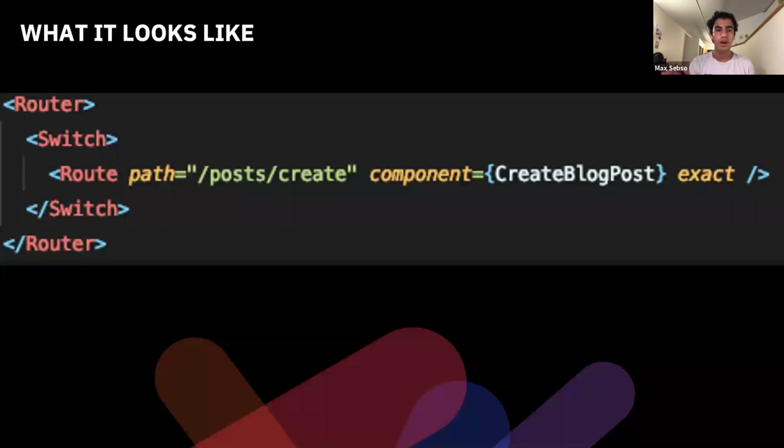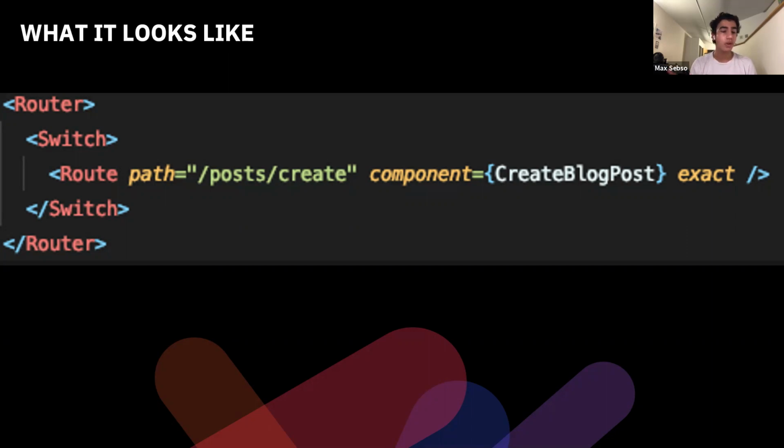However, since this example is trying to show how to create a route for the create blog post component, we may want to put that route at localhost port 3000 /post/create.